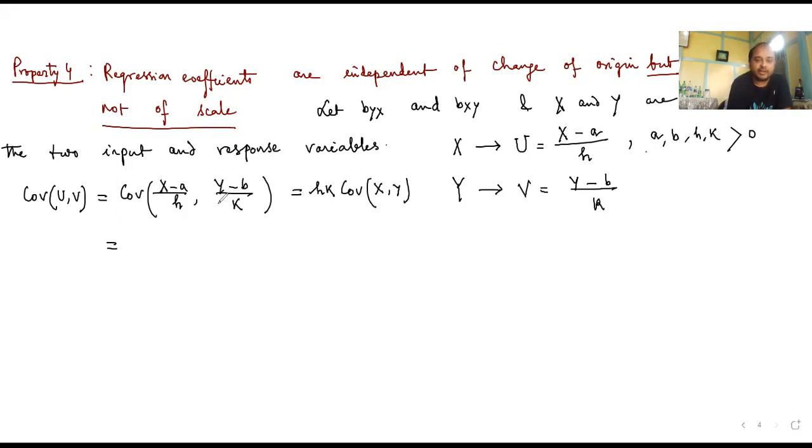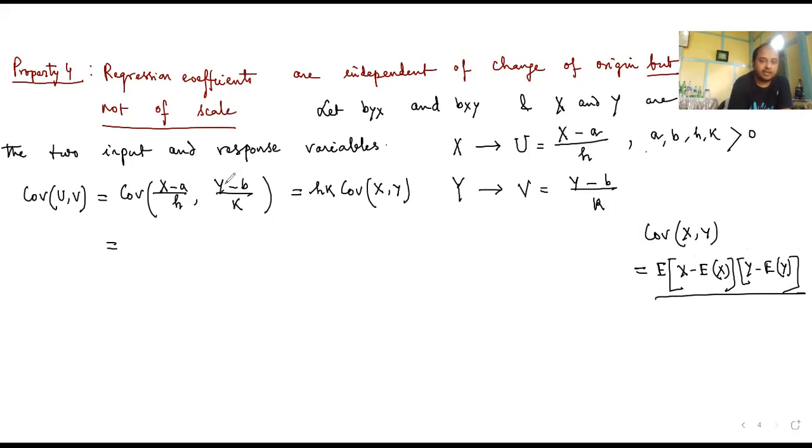You can repeat the calculation using the formula of covariance in terms of expectation, which I told you about in one of my earlier classes. In place of capital X, substitute x minus a by h, and in place of capital Y, substitute y minus b by k. Simplify and this will come out.